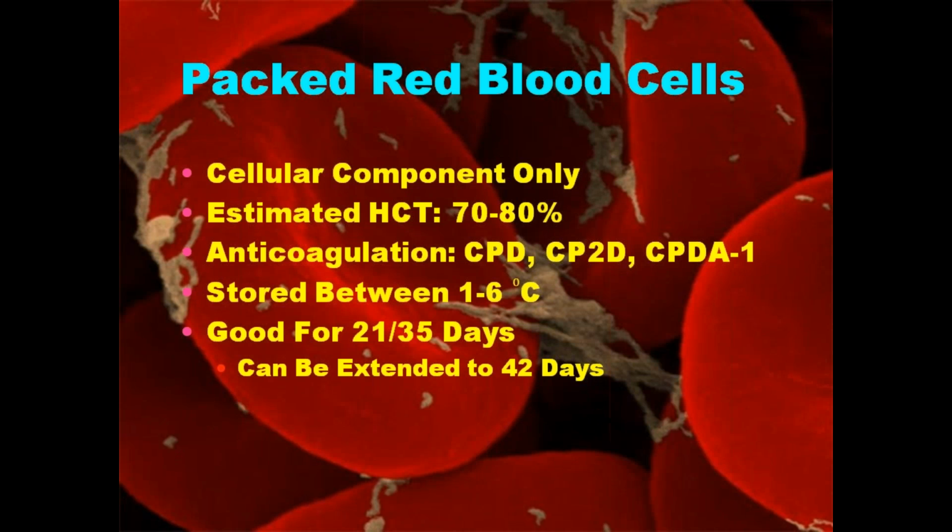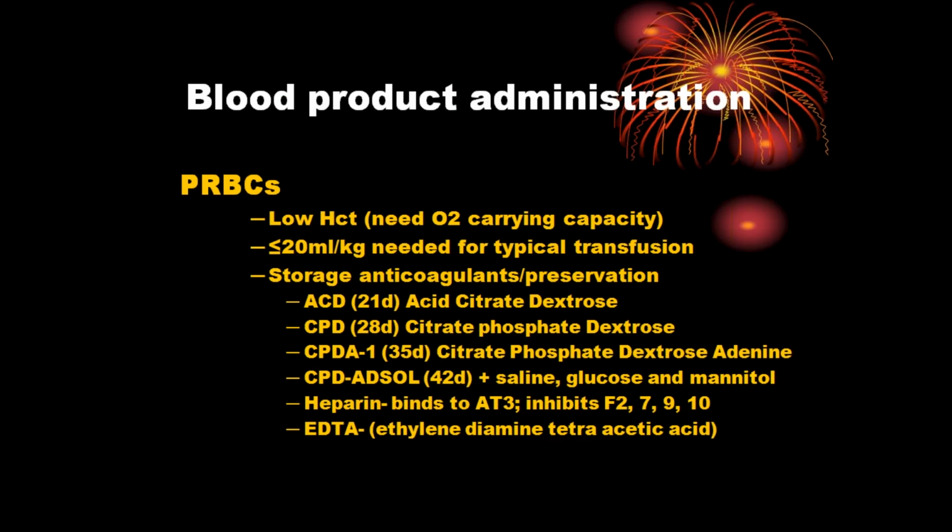Then packed RBCs. It's only the cellular component. Estimated hematocrit is around 70%. Anticoagulation is CPD, CPD2D, stored at 1 to 6 degrees centigrade, good for 21 to 35 days, can be extended to 42 days. It is given for low hematocrits, and a rate of less than 20 ml per kg requires a typical transfusion.